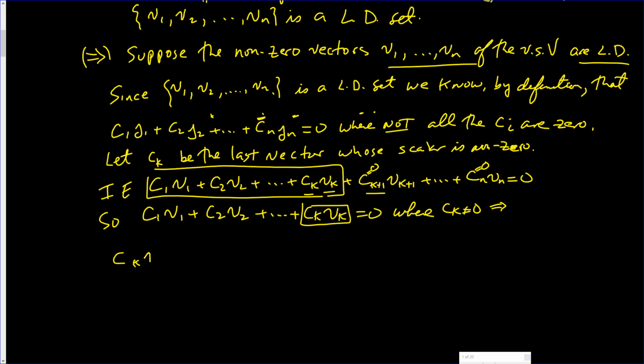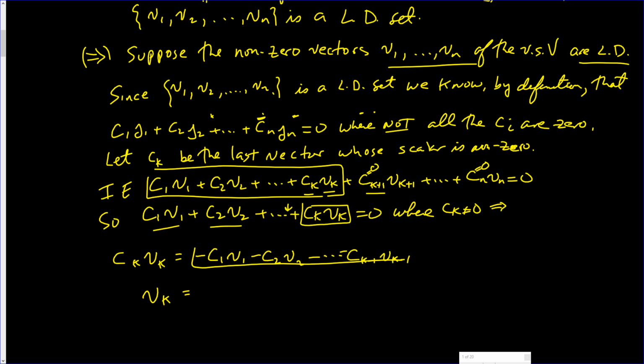C sub k, V sub k: bring everything to the other side. Bring that over, minus C1 V1. Bring that over, minus C2 V2, all the way up to minus C sub k minus 1, V sub k minus 1.